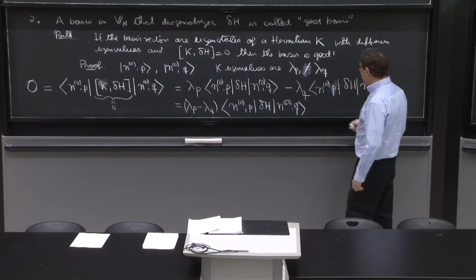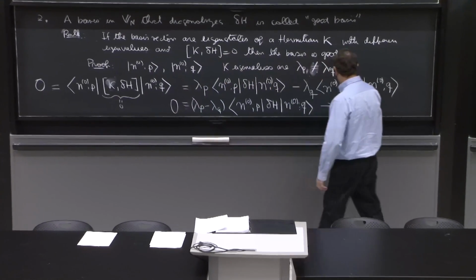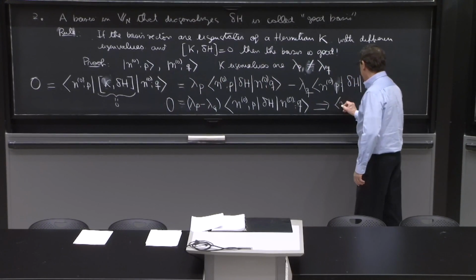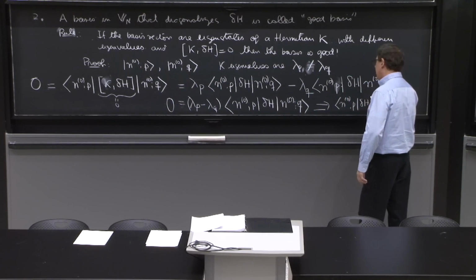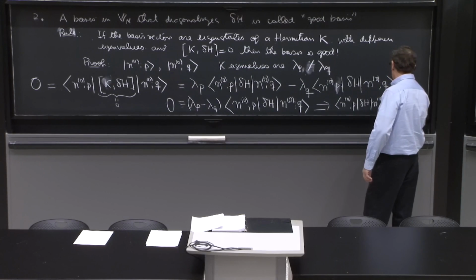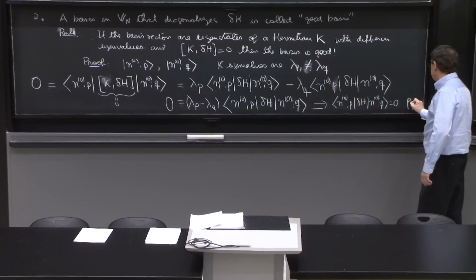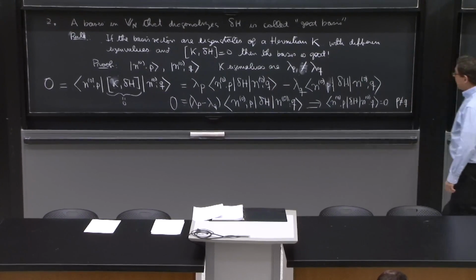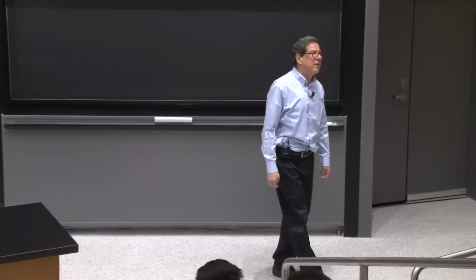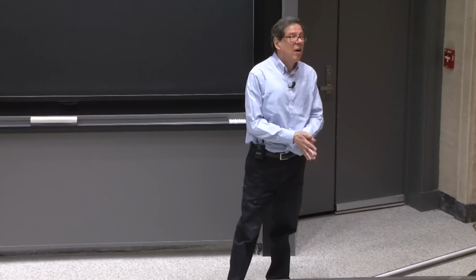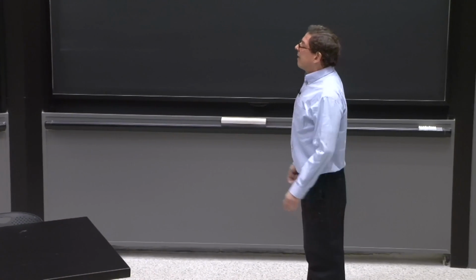And you have shown, therefore, that n0 p delta H n0 q is equal to 0 whenever p is different from q. And that's exactly the statement that all the off-diagonal elements of delta H are 0. So indeed, it has been diagonalized.